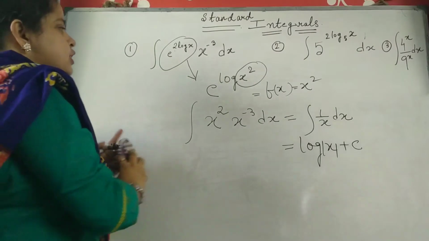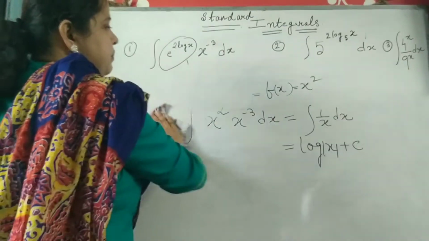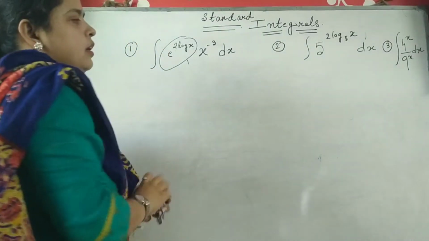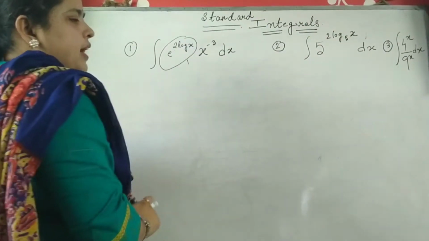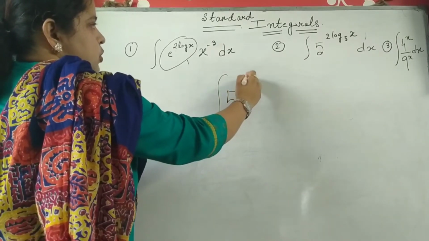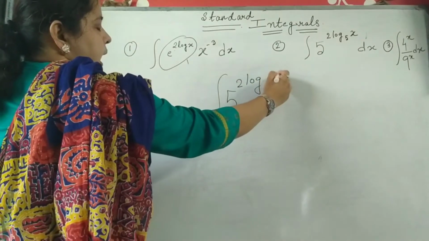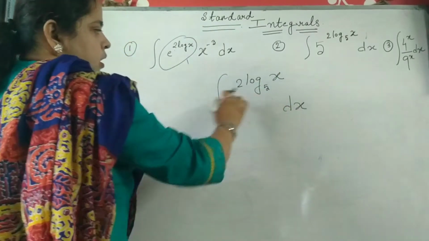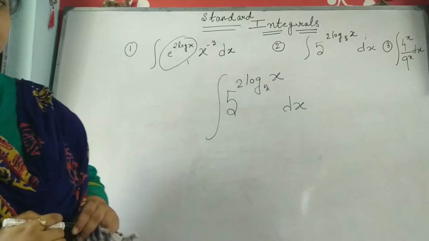So let us move down to the second problem. As all of you can see, the second problem is integration of 5 to the power of 2 log x with base 5. Now I need to tell you one thing here, students.